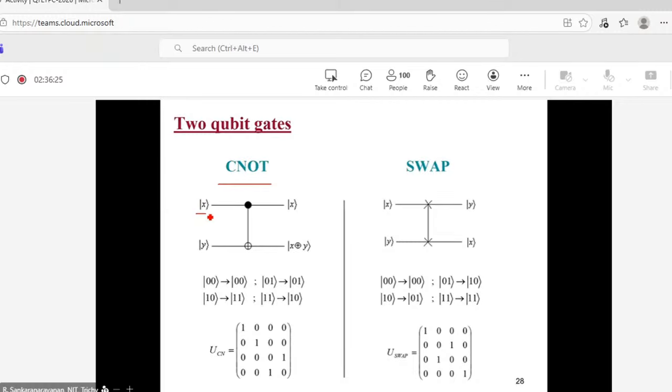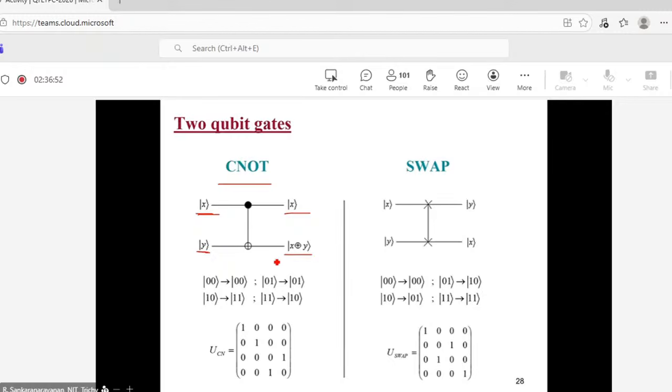If the state X is 0, Y will not be affected in the output. If the state X is 1, it will flip the Y. That is what this operation is. For example, if X is 0 and Y is 0, the output is 0 itself, and X plus Y. What is X plus Y?